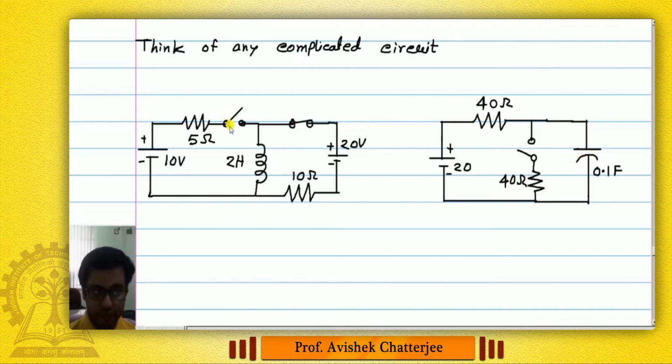Then you have switches, and the switches can be opened or closed at different times, and we have to find the voltage and current across or in different branches after a switch is closed or opened.